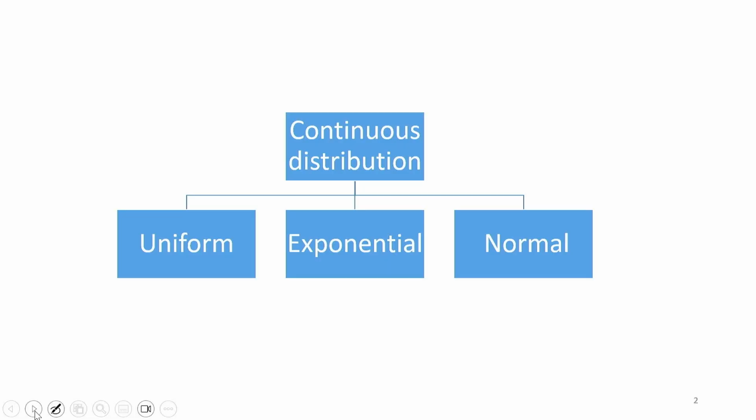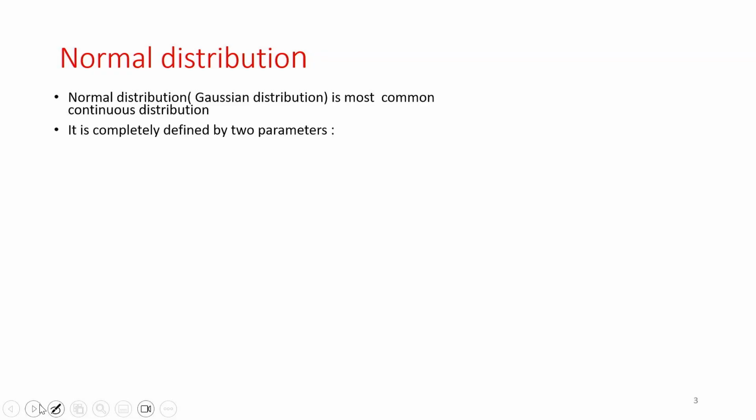First of all, we start with normal distribution. Normal distribution is a very popular and very common distribution. It is also known as Gaussian distribution. This distribution can be defined by two parameters.